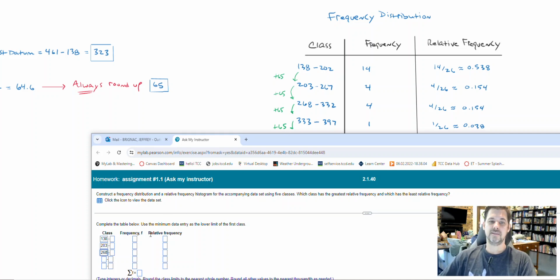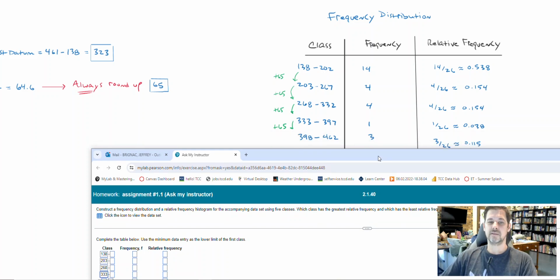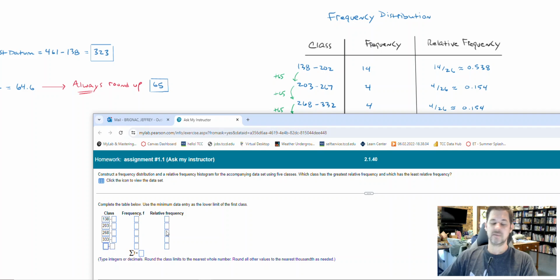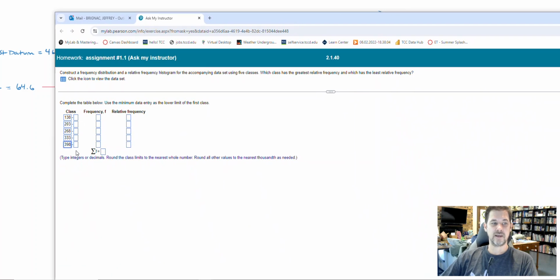Then I add 65 again. That's 333. And so on. Last one, 398. So doing it like that, I put the smallest data value in the data set first, and I added the class width to get the lower class limit of each class.